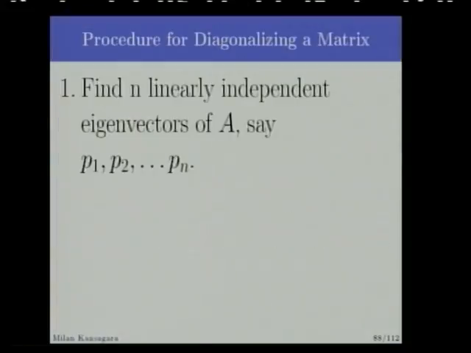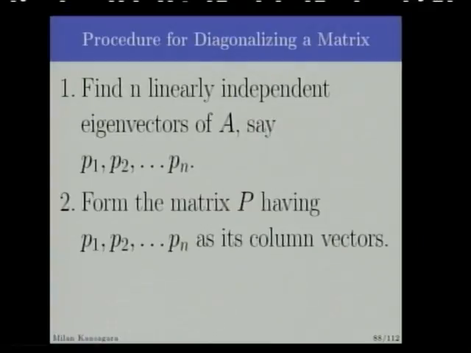But what is the procedure? Let us see the procedure for diagonalizing a matrix. First of all, find n linearly independent eigenvectors of A. I hope all of you know what linearly independent and linearly dependent are. Now form the matrix P using those vectors, with column vectors P1, P2 up to Pn.